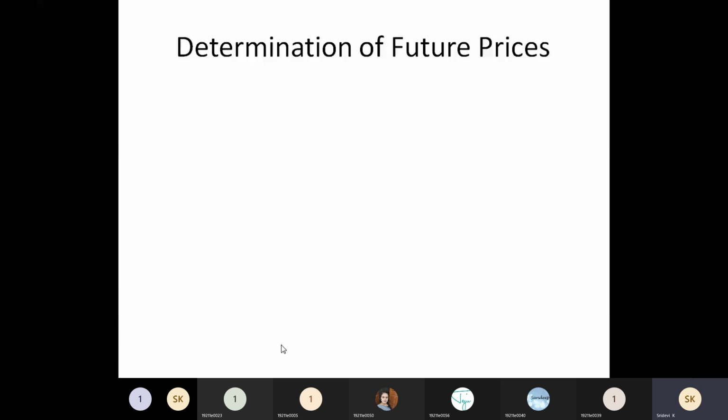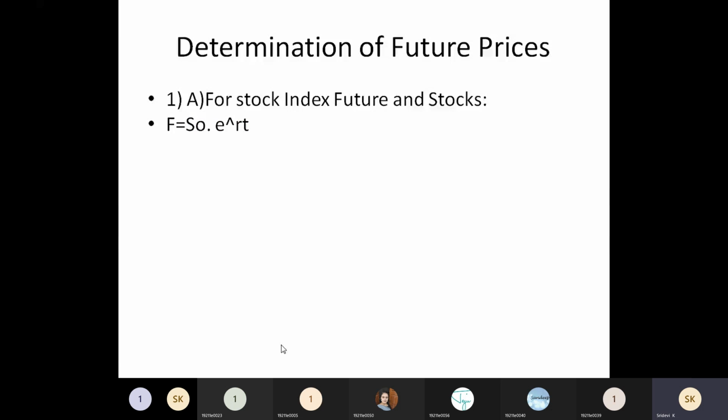Determination of futures prices. How are you going to determine it? First of all, we will identify whether these futures prices are related to stock index futures and stocks or not. If they are, whatever it may be, the formula is the same as we used for forward contracts: F is equal to S naught into e power RT.